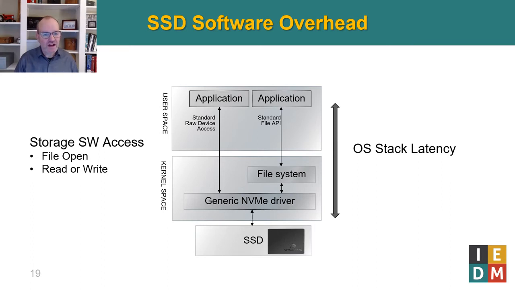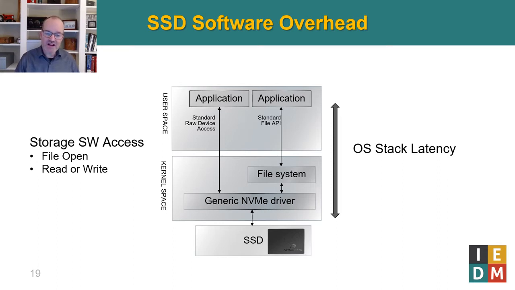One of the things you have to think about when you're doing storage is what's the software overhead. The chart in the middle is a software stack diagram for accessing an SSD. The application is on the top, so that would be your HPC application.